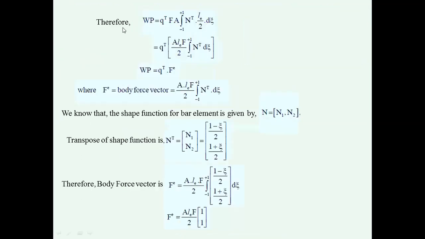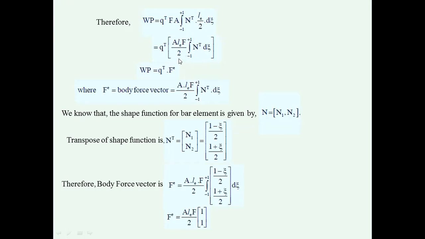Therefore, the work potential is modified as q transpose f into A, integration from minus 1 to plus 1. The line integral in natural coordinate system will always lie between minus 1 to plus 1. N transpose into the value of dx, that is LE by 2 into d zeta. So q transpose, I will send this f into A inside the bracket, f into A LE by 2, integration of minus 1 to plus 1, N transpose into d zeta.